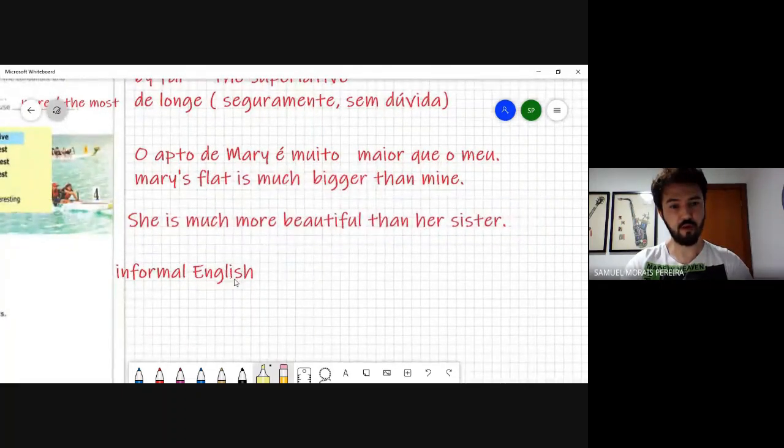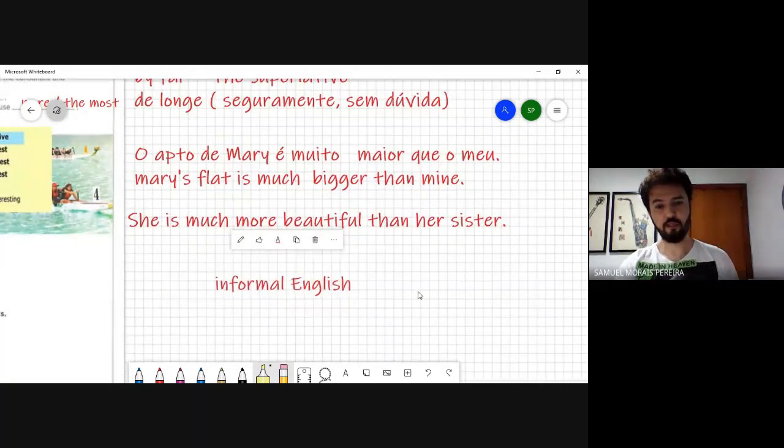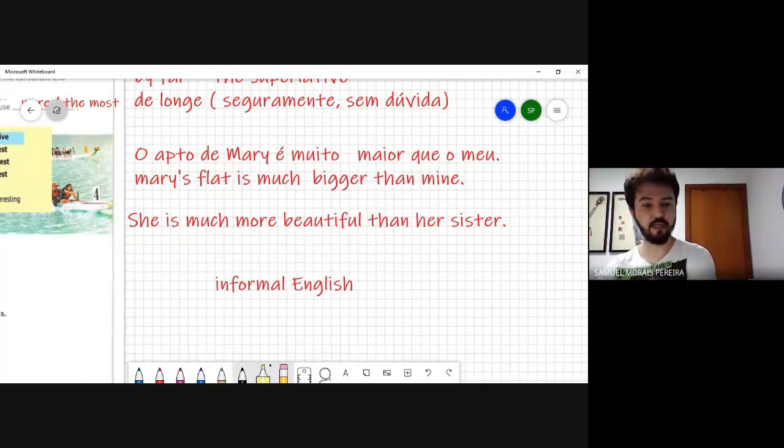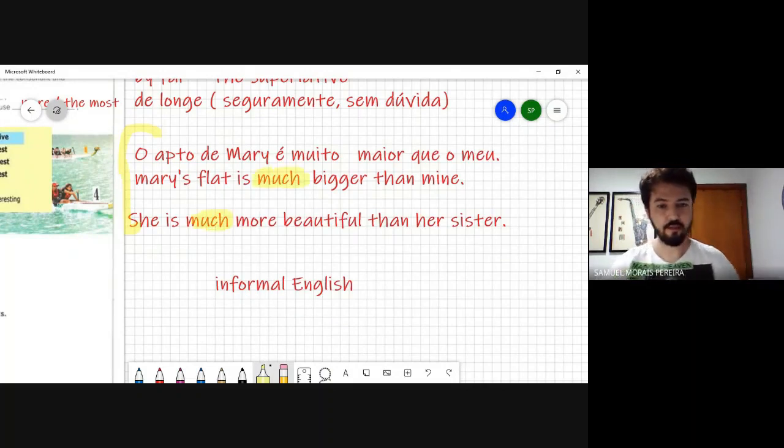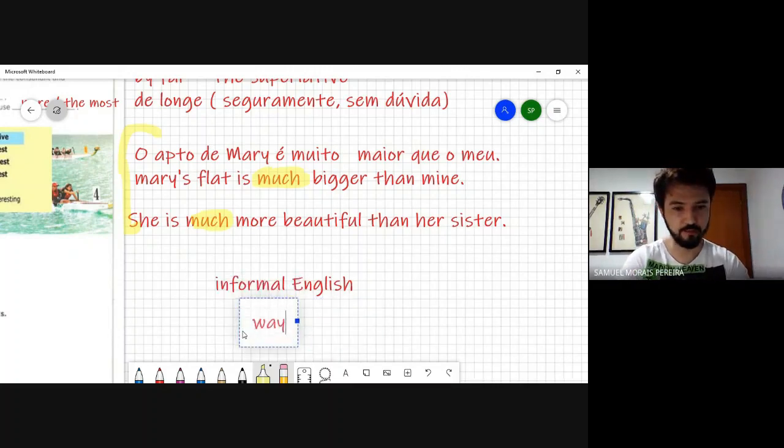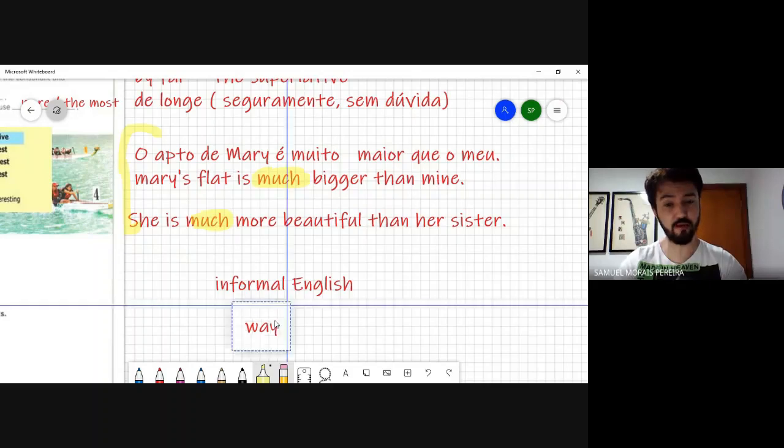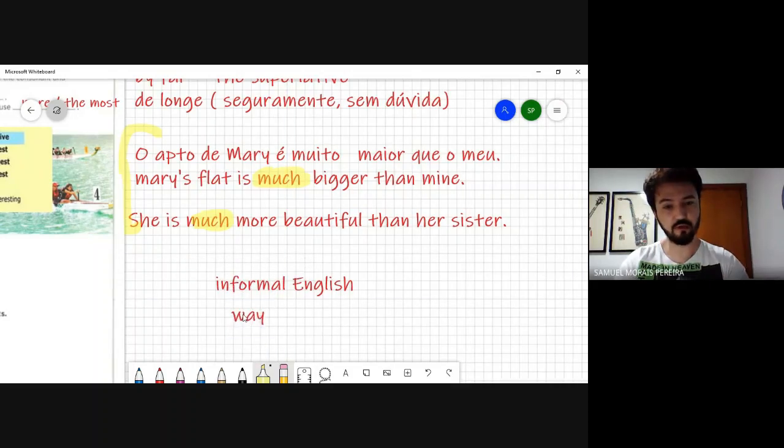Em inglês informal, in informal English, in conversations, for example, esses dois casos aqui, que você está usando muito, eles trocam esse muito por way. Assim, ó, way. Como assim, professor? Way? Mas way não é jeito, modo? É. Só que em inglês informal, eles usam way aqui, ó, nessas posições.